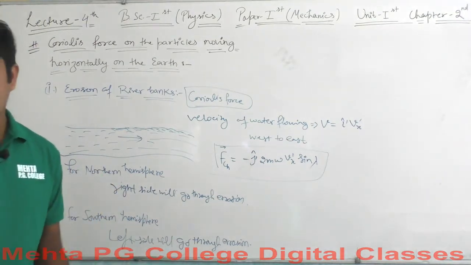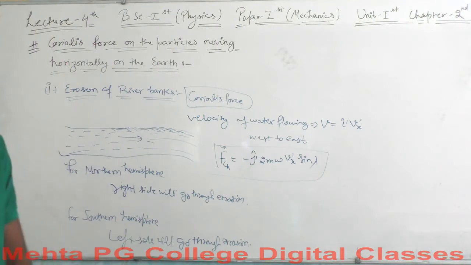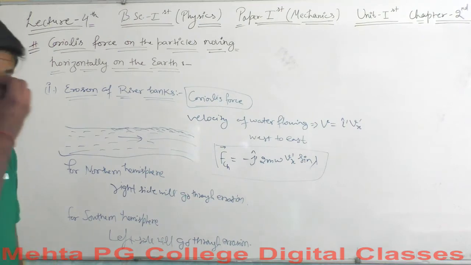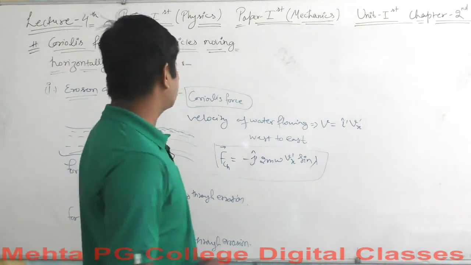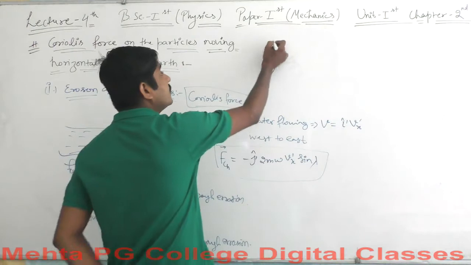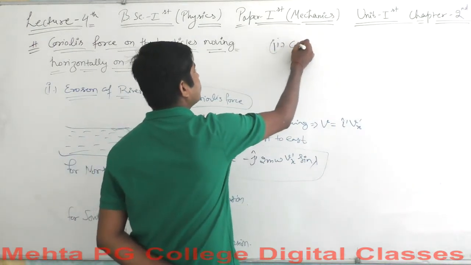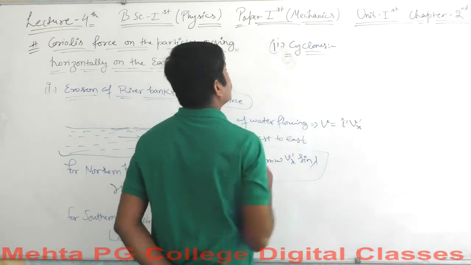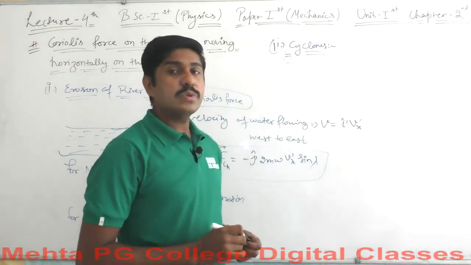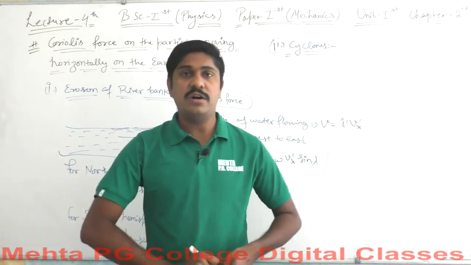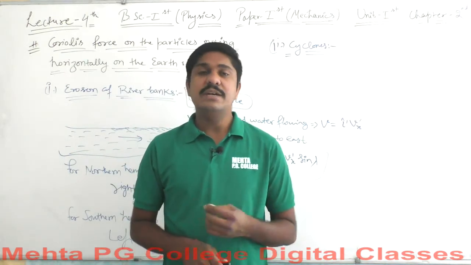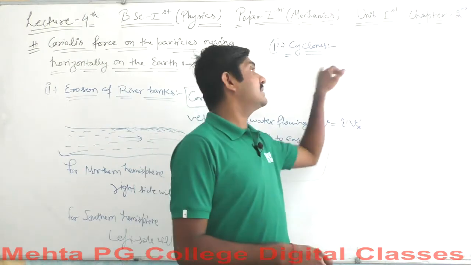Okay, so now we got one more example here, which is the example of cyclones. Cyclone is another example, which is also one of the most amazing examples, I consider myself. If you belong to a village, or your family business is agriculture, then you certainly witness cyclones there.